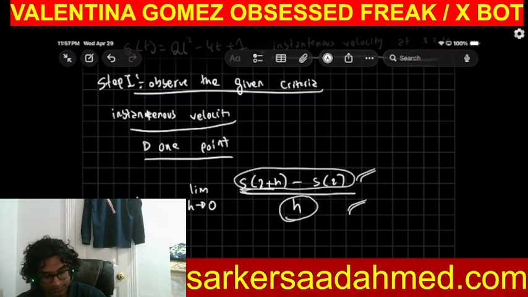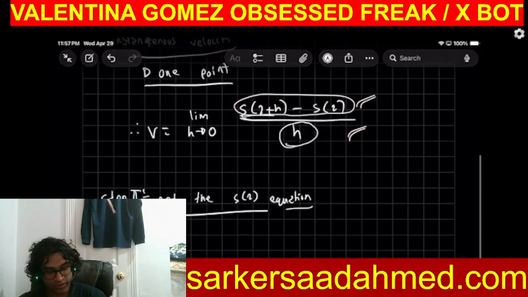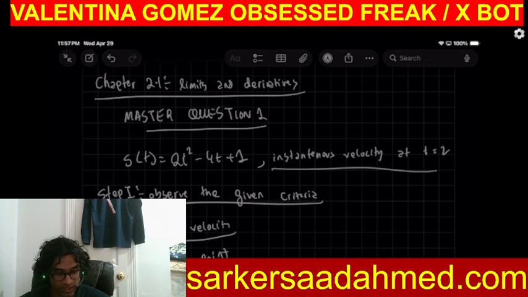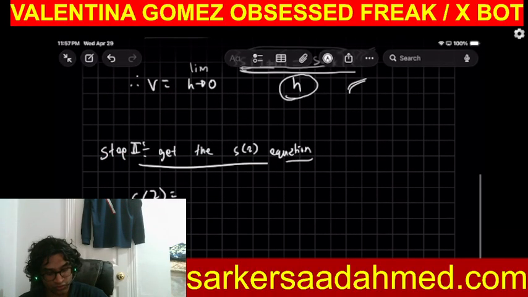So step 2, get the s of 2 equation. s of 2 is 2 square, so 2 times 4 minus 4 times 2, plus 1.